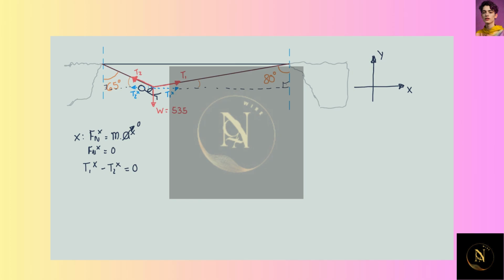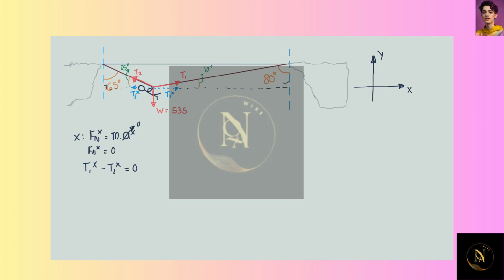It's easy to see that the angles inside the triangle should sum 180 degrees. Therefore, 65 degrees plus this angle must be 90 degrees. And then you conclude that this angle is an angle of 25 degrees. And also, doing an analogous calculation, you find that this angle is a 10 degrees angle.